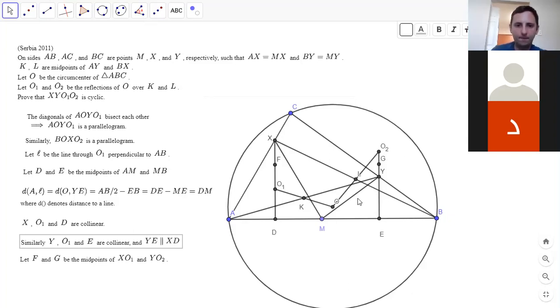FD is XD minus XF, which is XD minus FO1.